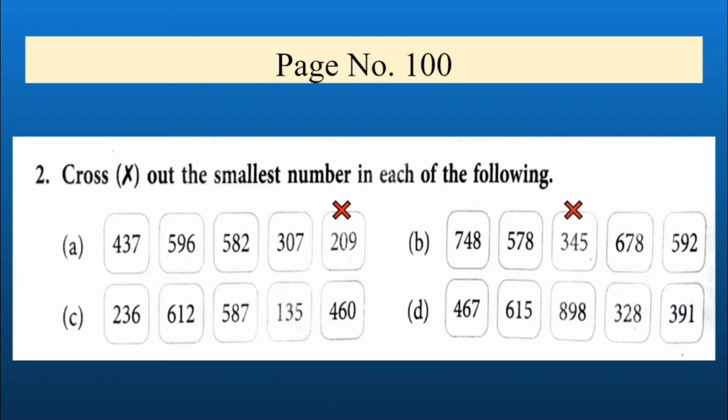Yes, 345 is the smallest among all these numbers. So we will put a cross mark above 345. I hope you have understood how to cross out the smallest number in each of the following. Now the C and D part are for your homework.